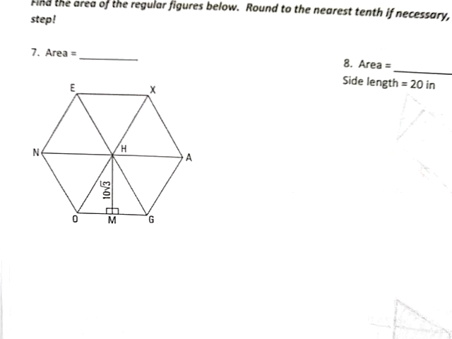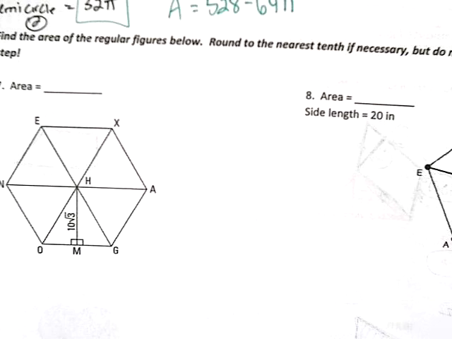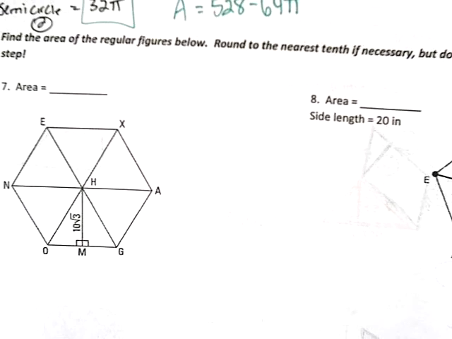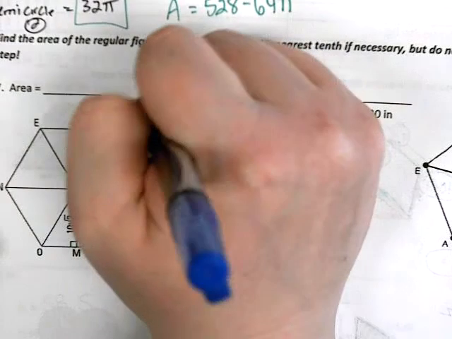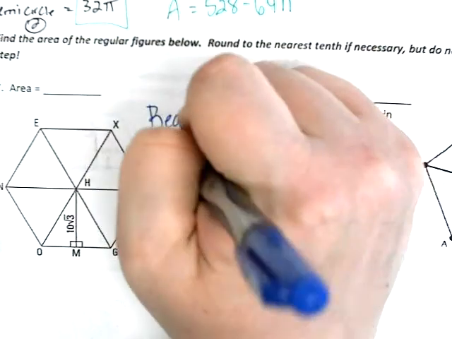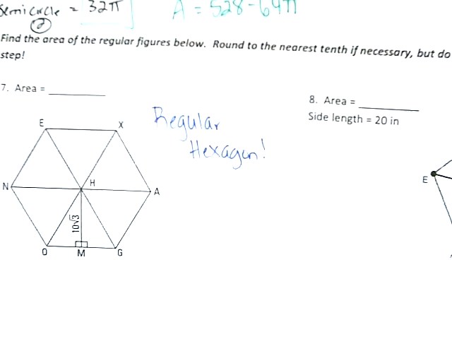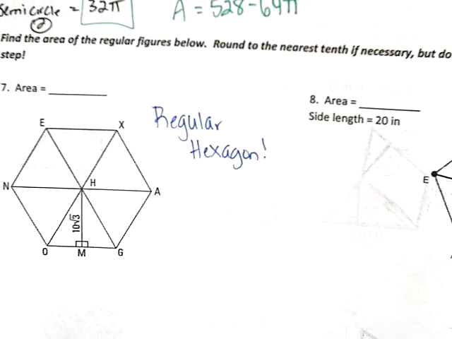So these are regular figures. So find the area of the regular figures below, round to the nearest tenth, but do not round until the last step. So if we look here, we have a regular hexagon, because it's got 6 sides, so hopefully you guys remember that. A regular hexagon has 6 sides.